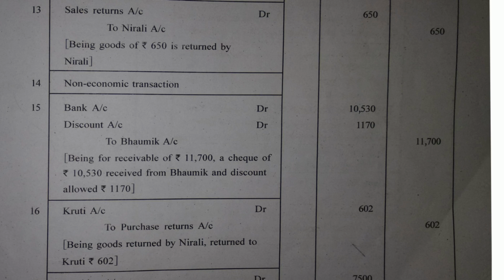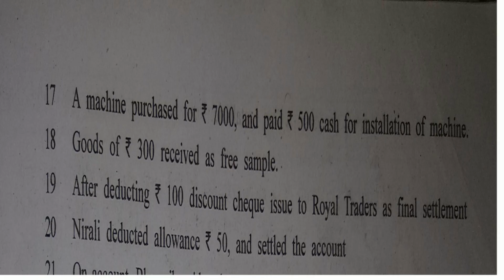Those goods were of rupees 15,000 for us. So this way cross multiplication and you will get the answer. Fine then. Let us move ahead. On 17th of August, a machine purchased for rupees 7,000 and paid rupees 500 cash for installation of machine.